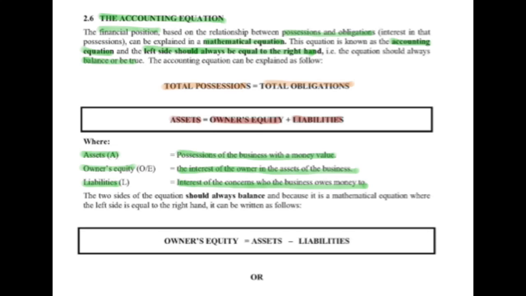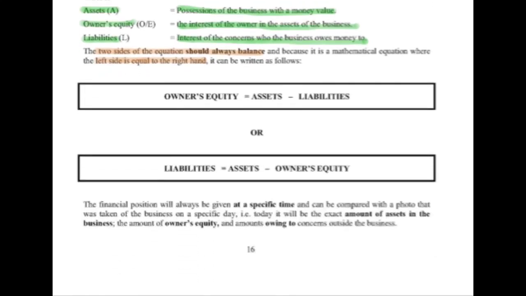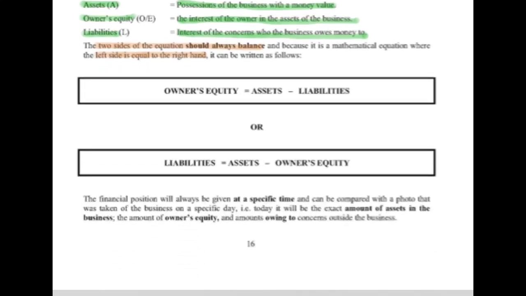So very important, the two sides of the equation should always balance. And because it is a mathematical equation, where the left side is equal to the right-hand side, it can also be written as follows. So it can be adapted to suit your own needs. In other words, the needs of what you want to calculate.